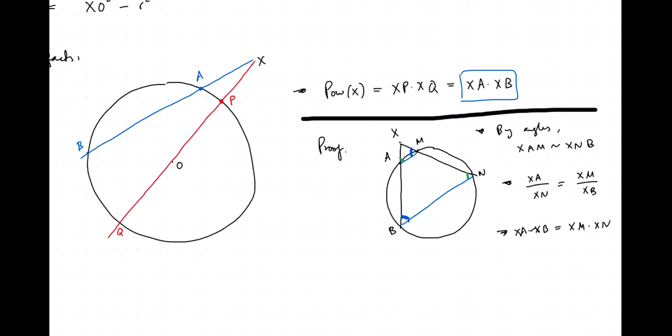So in the proof, we observe this triangle similarity. What triangle similarity do we observe? We take the point X, we take one of the points A and B, and we take one of the points M and N. We look at this triangle. It will be automatically similar to the other triangle in the opposite direction. And this will give me what I want. So instead of XAM, I could also look at XAN, by the way.